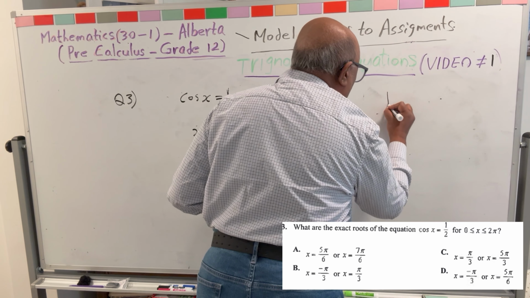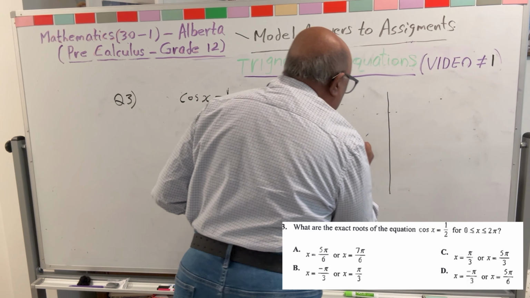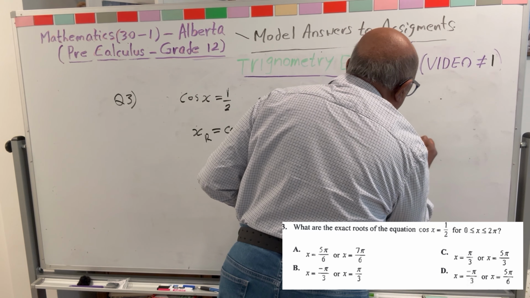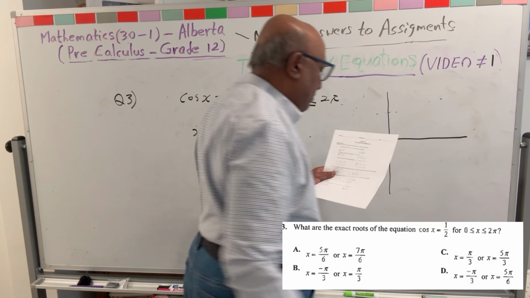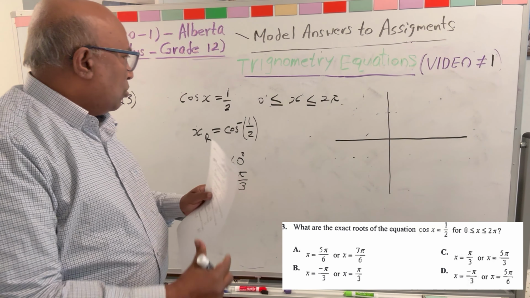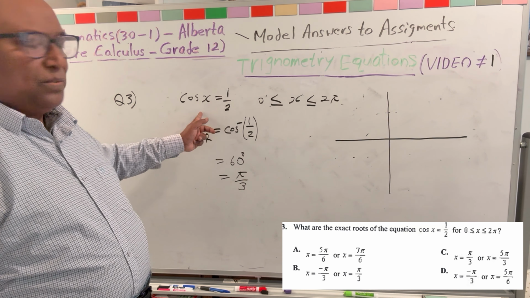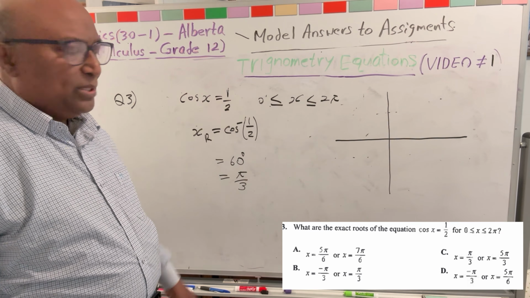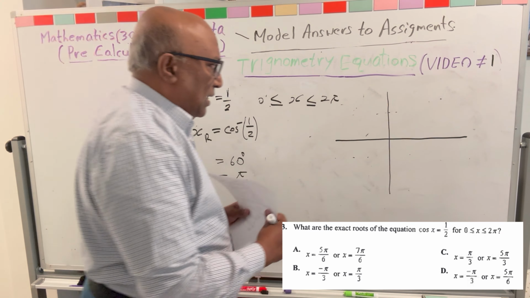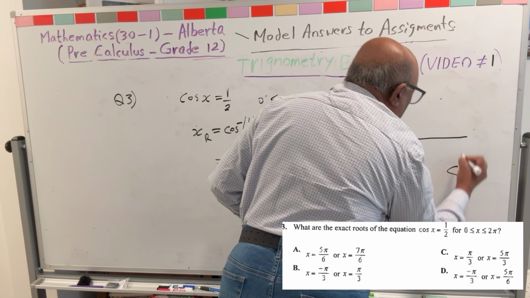Let's mark this value. Let's interpret this value in the standard position. Cosine value is half, meaning positive. Let's recall our CAST rule again.